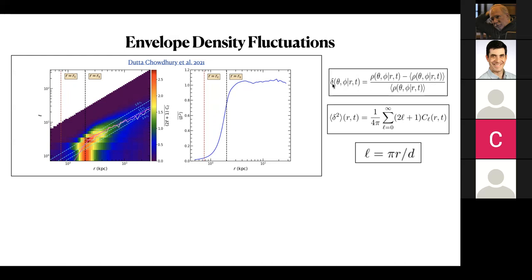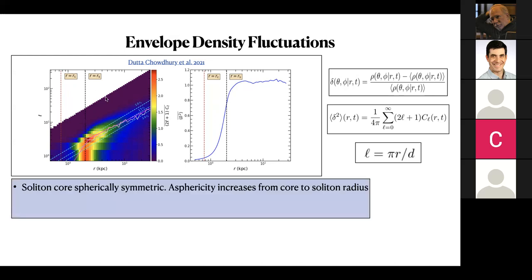Then we can take the spherical harmonics expansion of that overdensity field and get the multipole components. That is what is shown on the left here. So as a function of R and L, the angular wave number, the time averaged multipole components are plotted. We do this at different instants of time, and then we take the average of the multipole components.